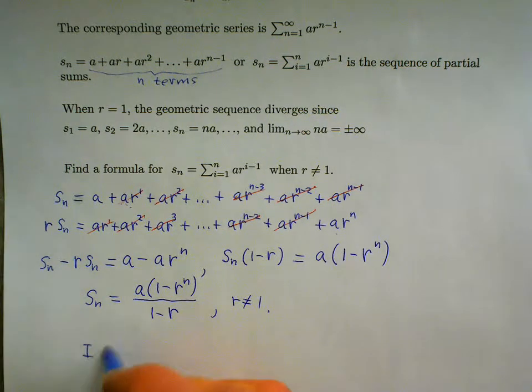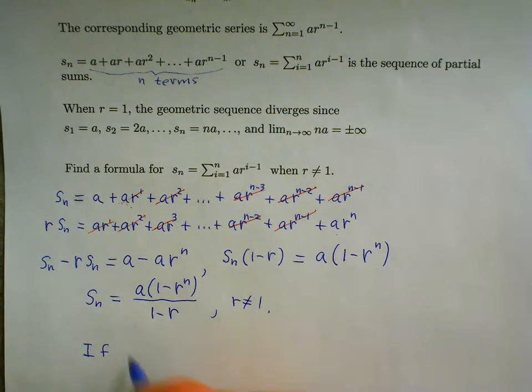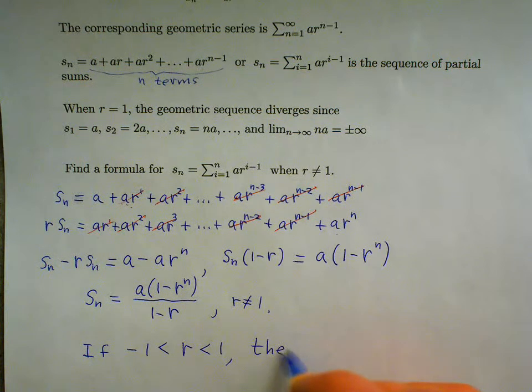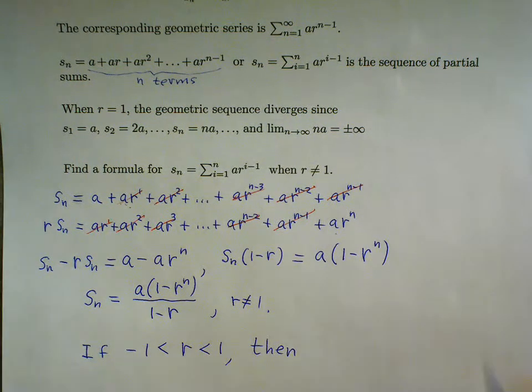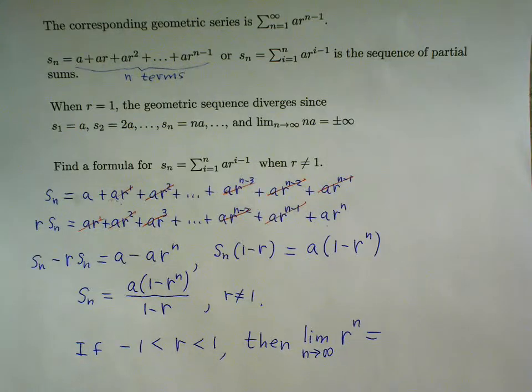So if the number r is between -1 and +1, then what do you know about the limit of r to the n as n approaches infinity? So we've seen this before this semester.